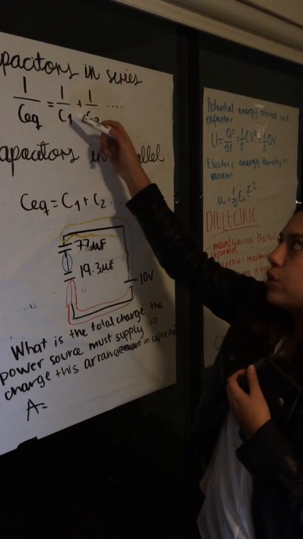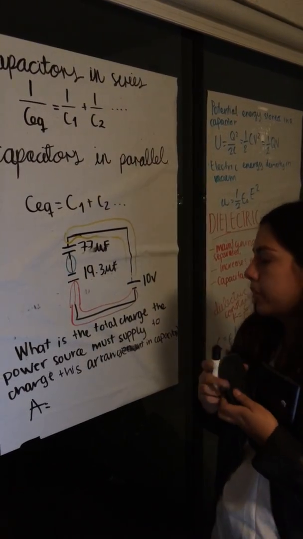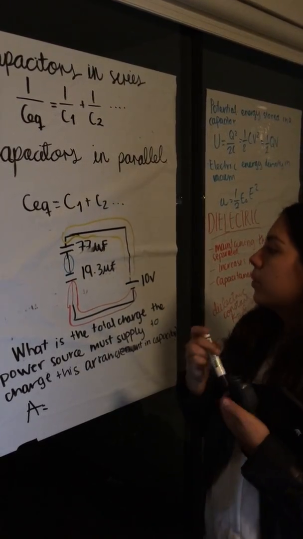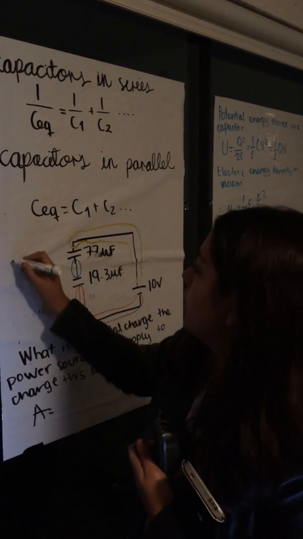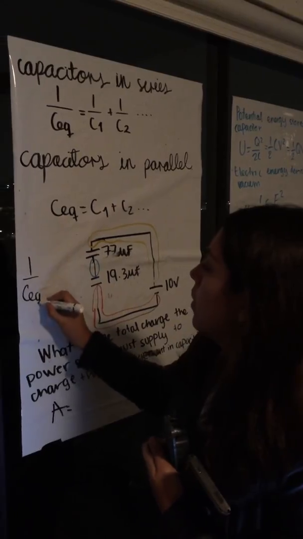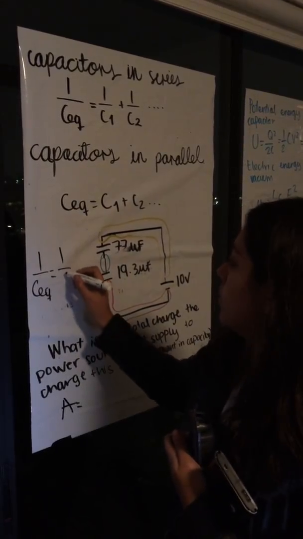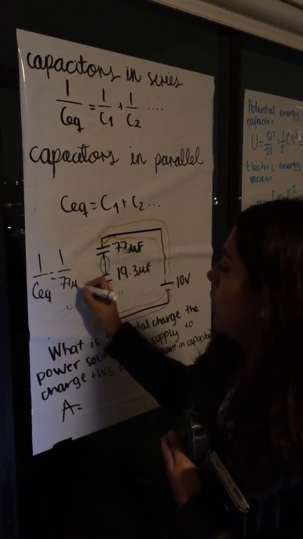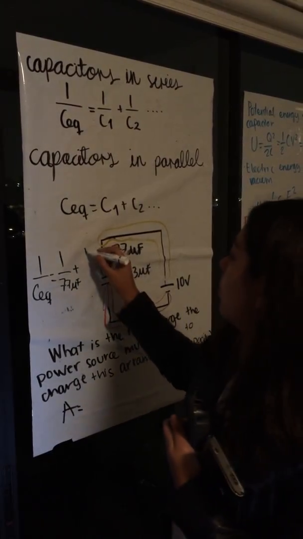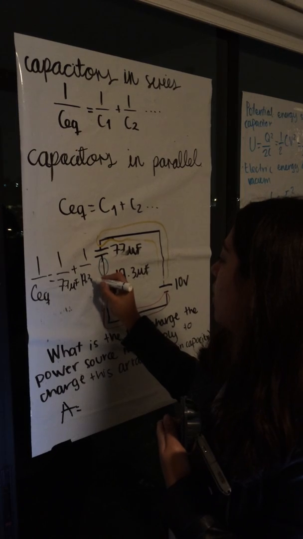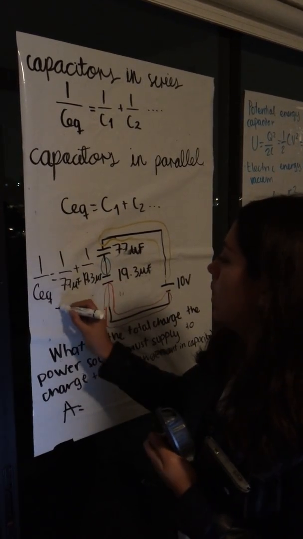So we would have to sum the equivalent of them. And we can do this by adding them up like this. That it would be 1 over 77 microfarads plus 1 over 19.3 microfarads.